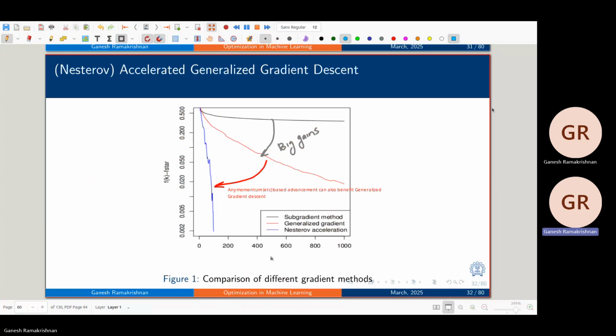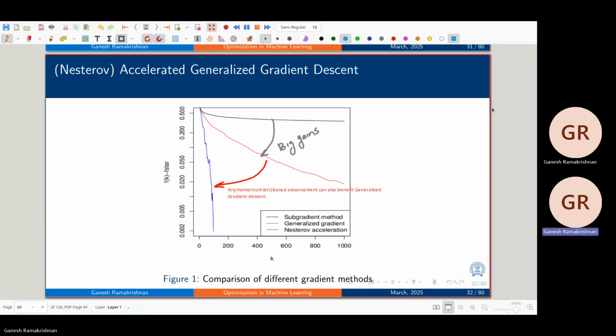This gray is a subgradient. This red one is the generalized gradient. Generalized gradient descent, we know, gives you a gain over subgradient. That's why we spend so much time on the proximal step, which is only applied post facto after doing the gradient descent on f of x. But if you apply Nesterov acceleration, there's still more to be gained. Empirically, there's a lot to be gained.